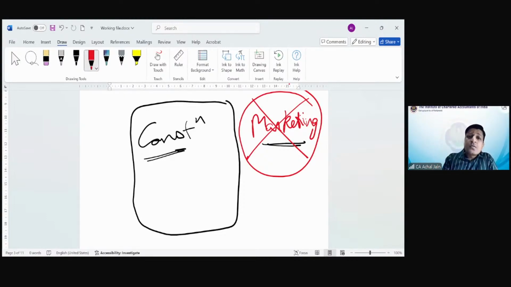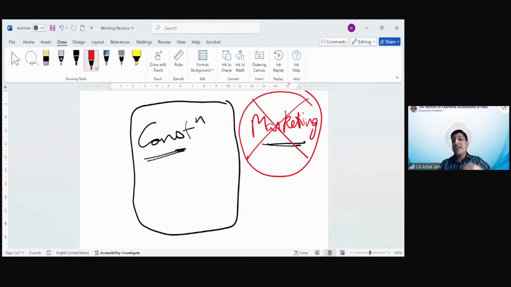Has this cost supported in the construction of that asset or not? If that cost would have supported in the construction of the asset, then you will consider that. If that cost would not have supported, means that is not directly attributable to the construction of the asset, then you will not get into that.